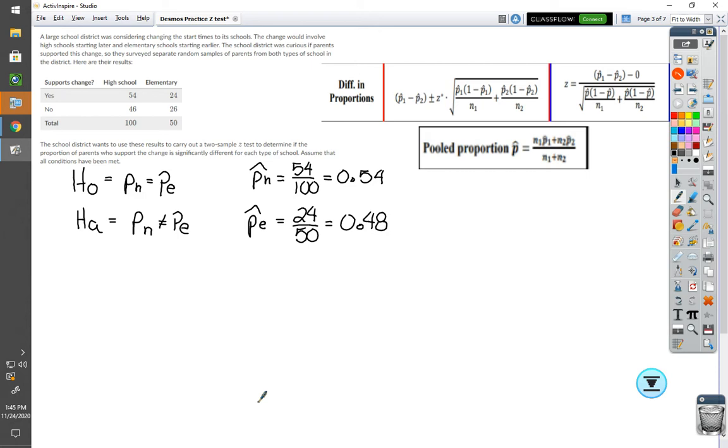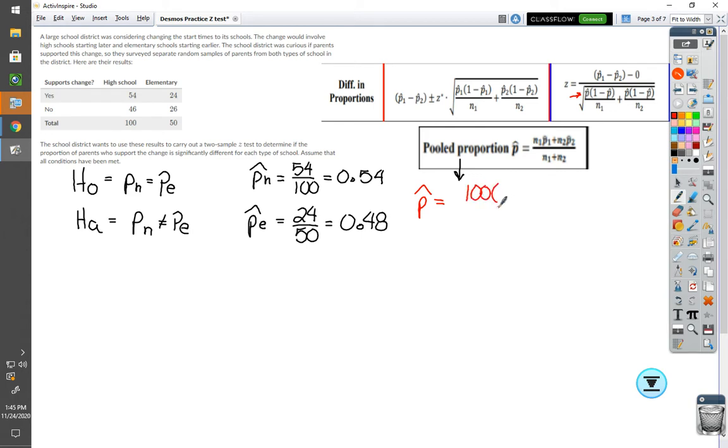But in order to calculate a z-score, we're going to need a pooled proportion. A z-score has a pooled proportion in 4 places. Everywhere in the denominator that has a p-hat without a sub 1 or sub 2 on it is a pooled proportion. In order to calculate that pooled proportion, we take the n value of the first, 100.